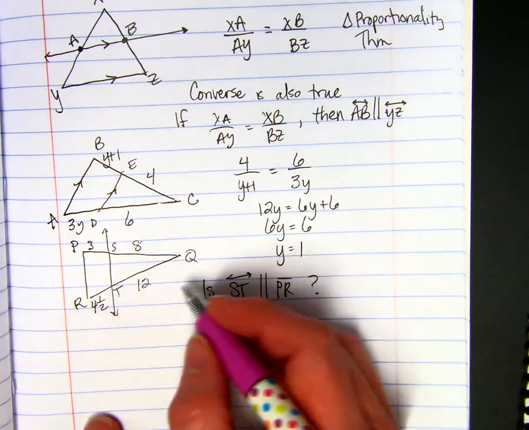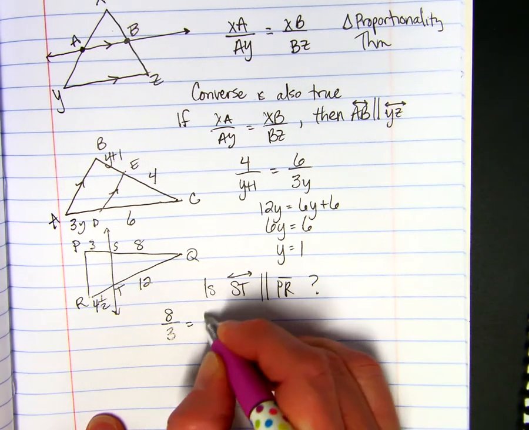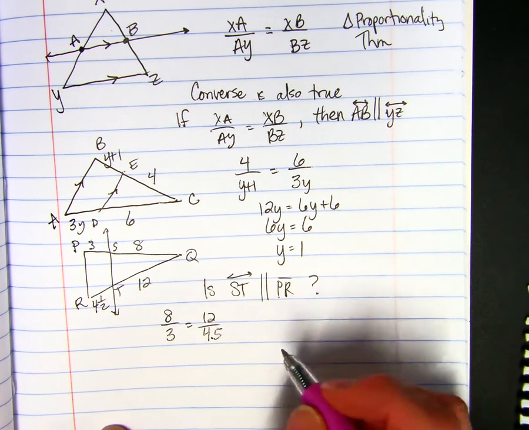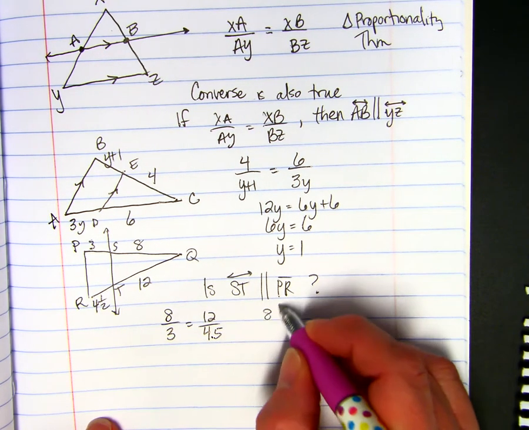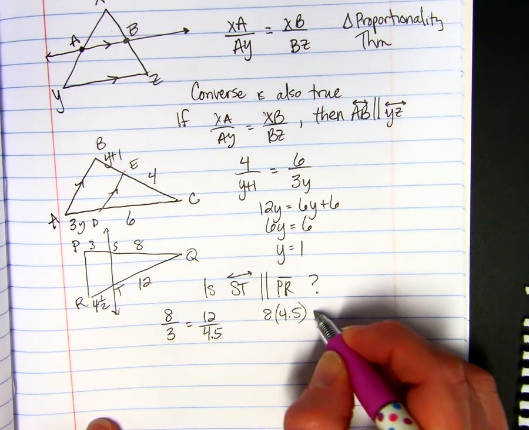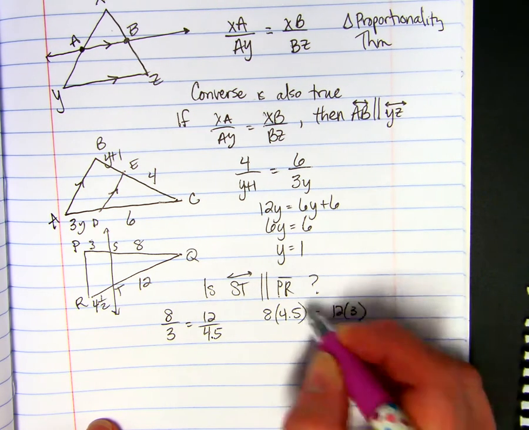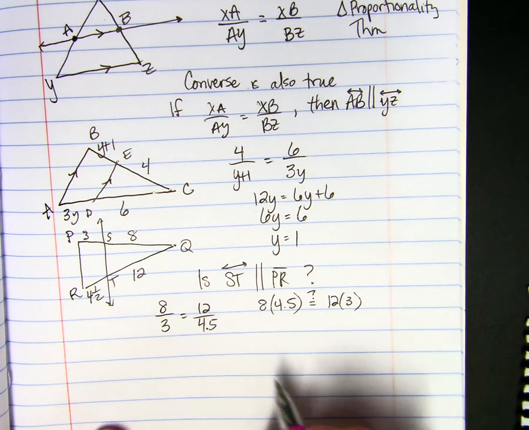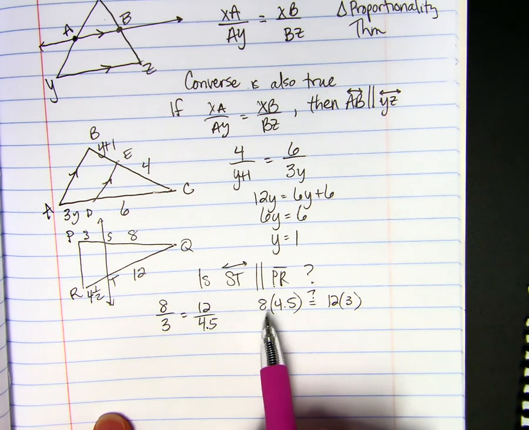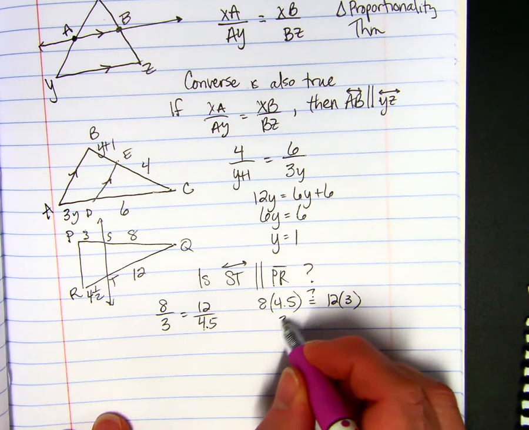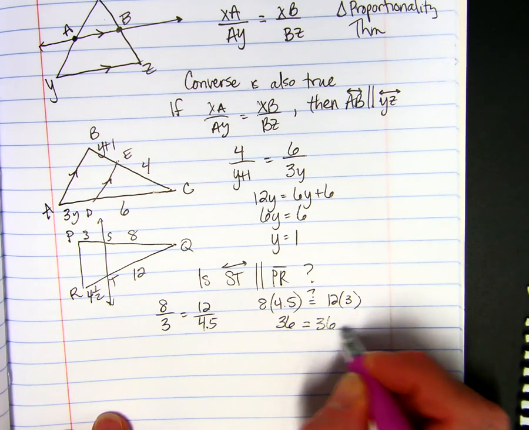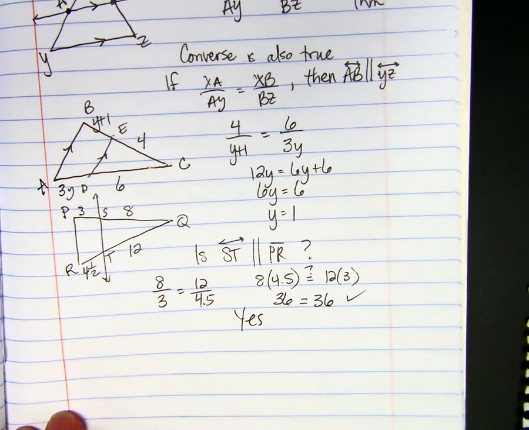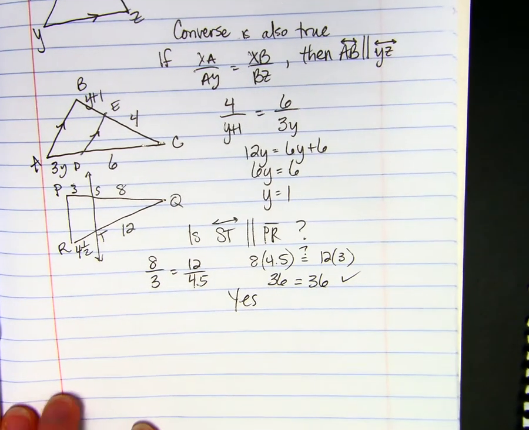So we set up a proportion, 8 is to 3, as 12 is to 4.5. Cross multiply. And is that true? So if you multiply this together, you would get 36. So yes, they are parallel. So those are two examples using those two theorems.